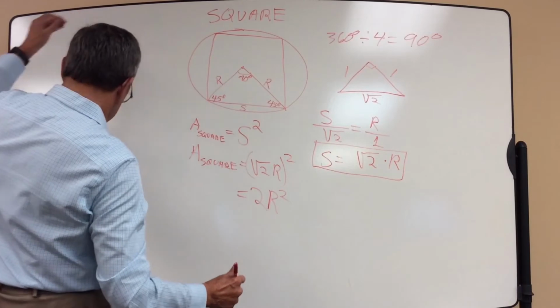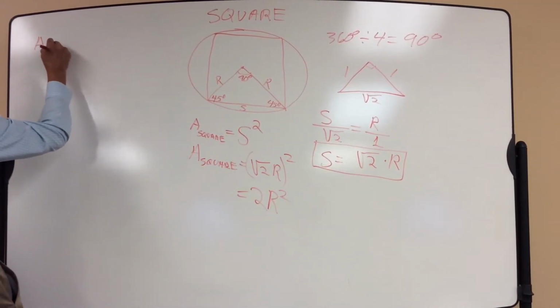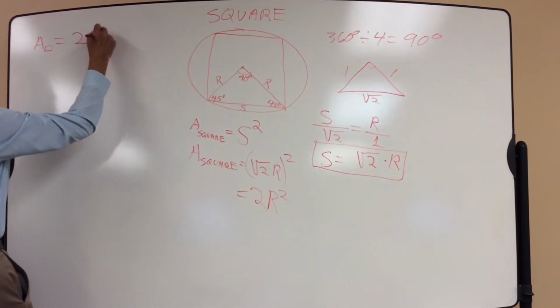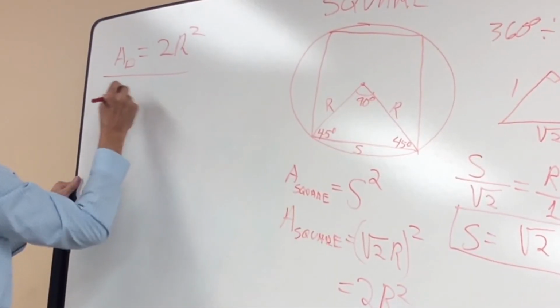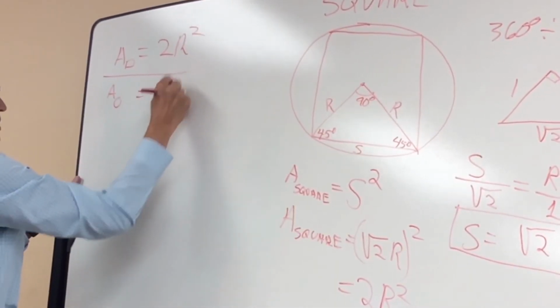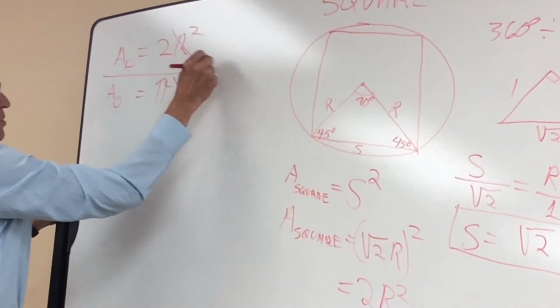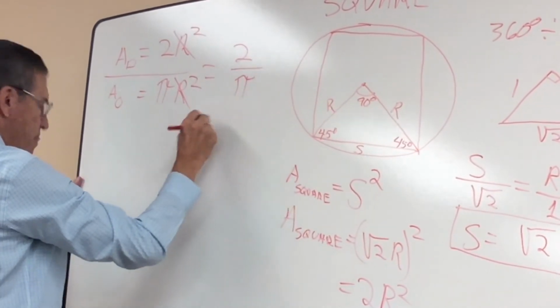Well, we know what the area of a circle is. So we'll take the area of a square, 2R squared, divided by the area of the circle, which is pi R squared. Again, the R squared cancel, and that ratio is going to be 2 divided by pi.